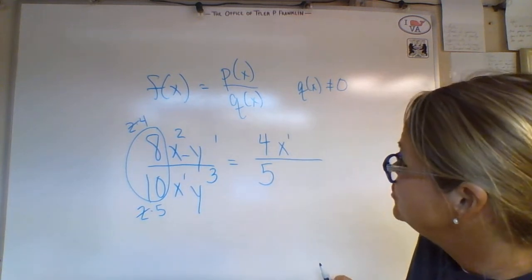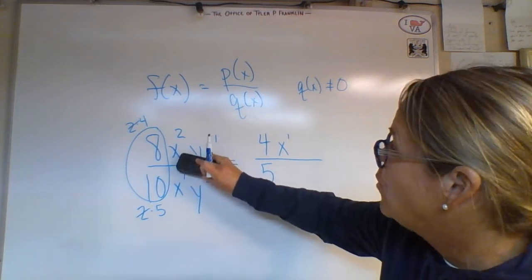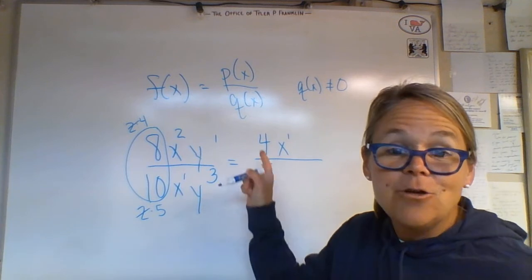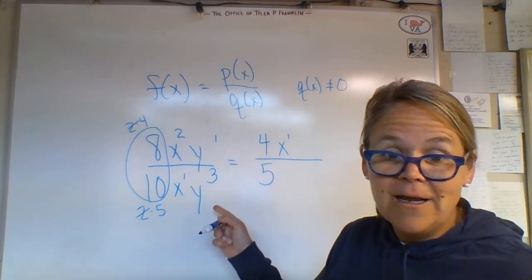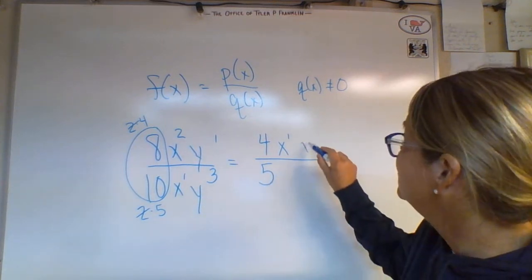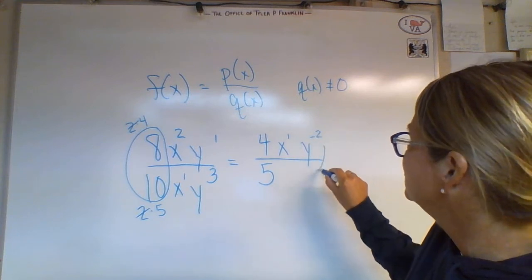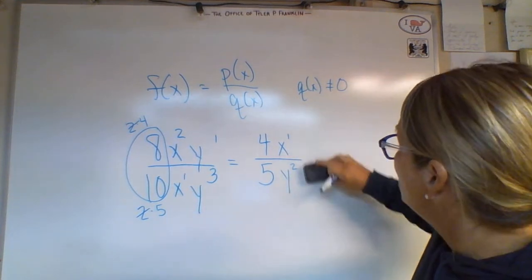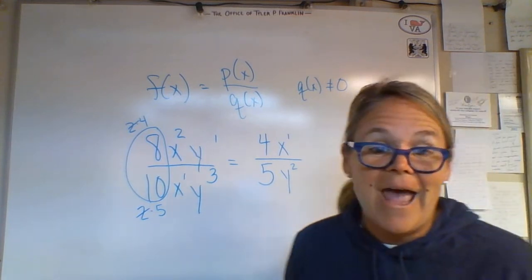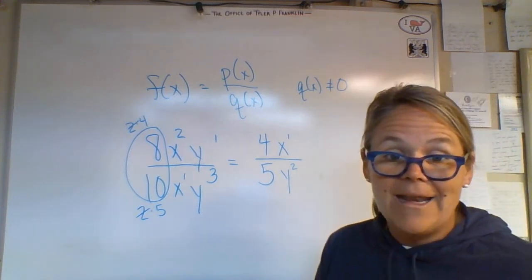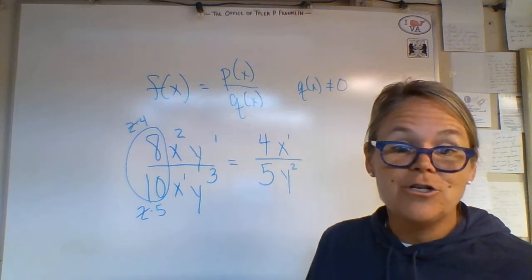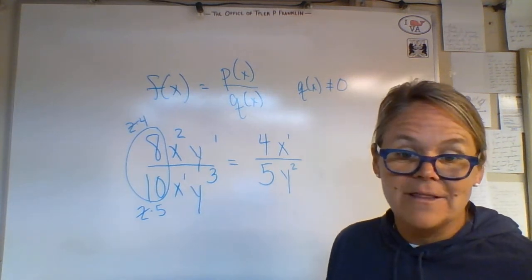Then with y to the first over y cubed, you did 1 minus 3. It gave you negative 2, but then you put it on the bottom. So if you have an expression that has no adding and subtracting, you just reduce the way that you have in the past.